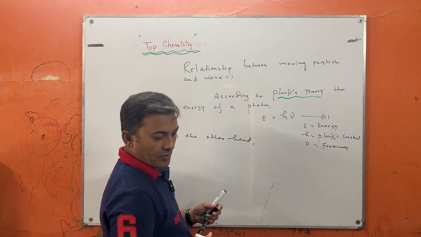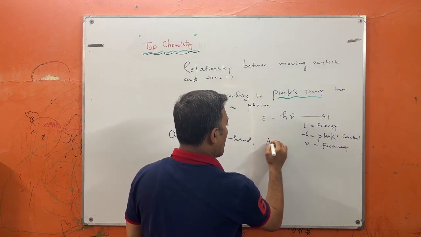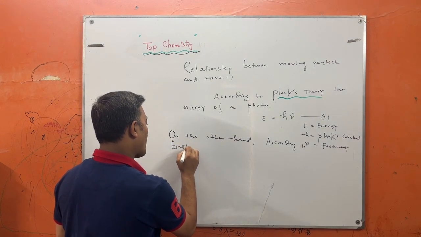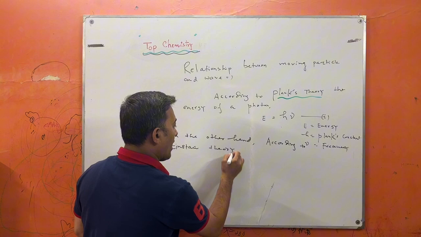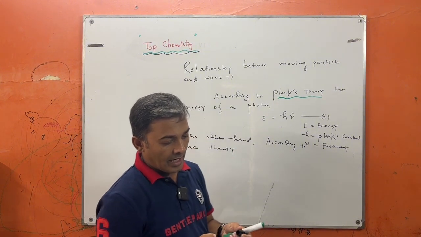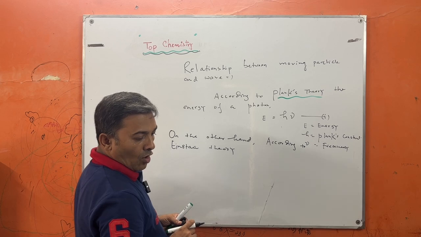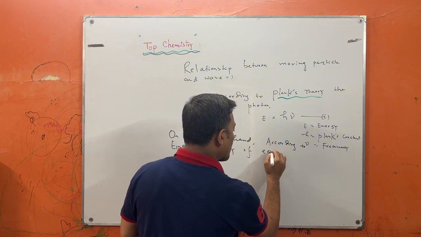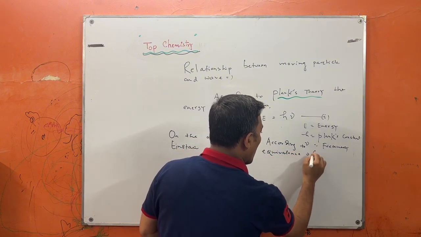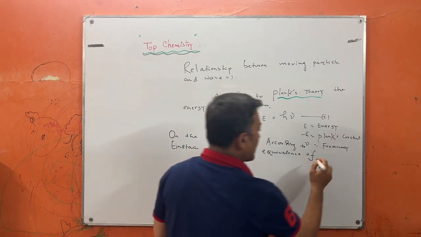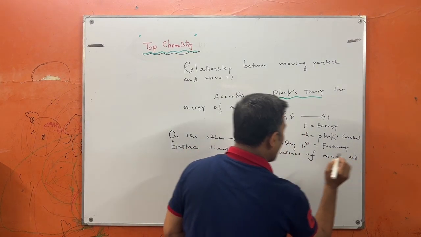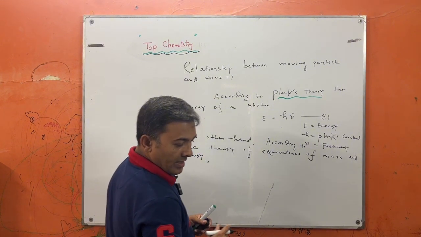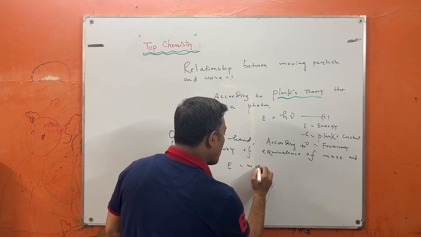On the other hand, according to Einstein's theory of equivalence of mass and energy, E equal to mc square.